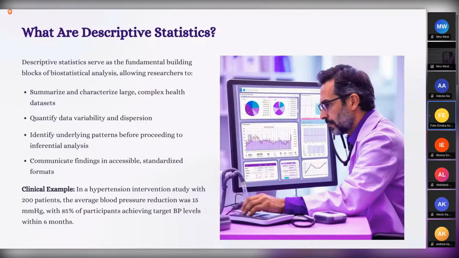But for your data that are not normally distributed, those data that are skewed, you summarize them using the median and the interquartile range. Then for the categorical data, you summarize them using the frequency and the percentages.